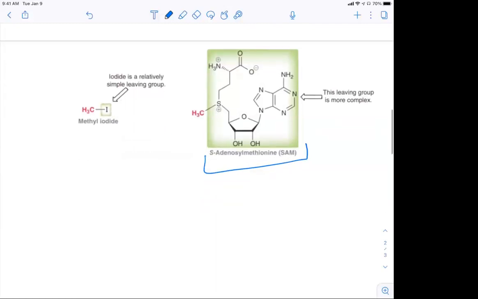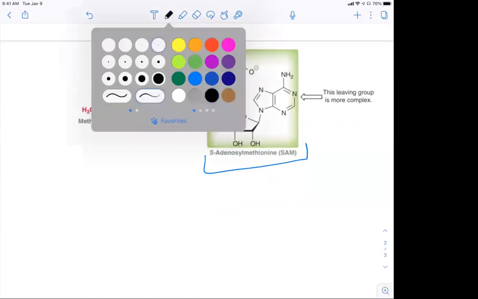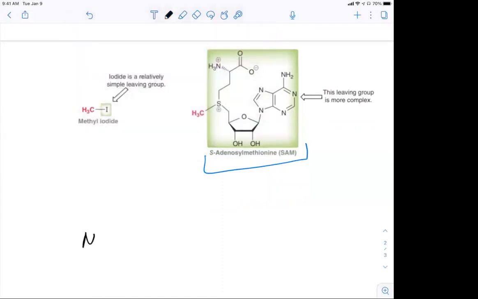What we're seeing is that in a biological system, you're going to have a nucleophile, and you've got this CH3 on the sulfur with this big SAM molecule.